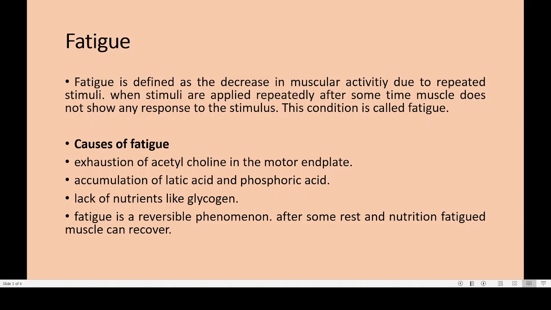That kind of situation will come, and that is known by the name muscle fatigue, or in a simple sense we can say the muscle gets tired, so that it won't be able to respond.